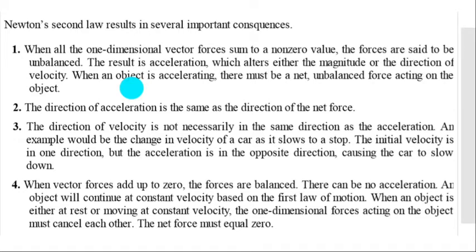It means they are not equal and opposite. The result is acceleration, which alters either the magnitude or direction of velocity. We said acceleration means change in speed or direction. When an object is accelerating, there must be a net unbalanced force acting on the object.